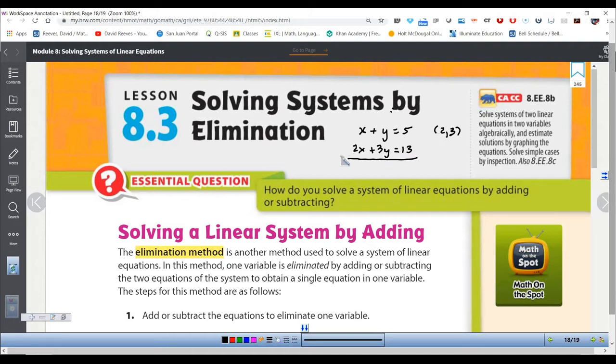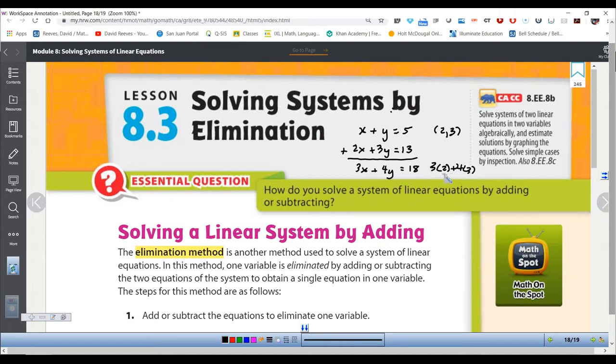Now I'm going to add those two equations together, and let's see what we get. x plus 2x is 3x. y plus 3y is 4y, and 5 plus 13 is 18. Now let's check it with (2, 3). 3 times 2 plus 4 times 3.